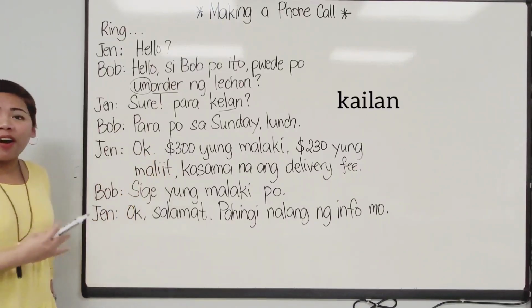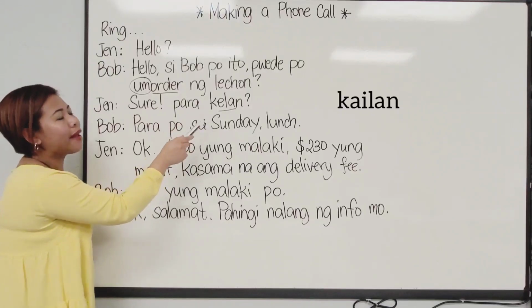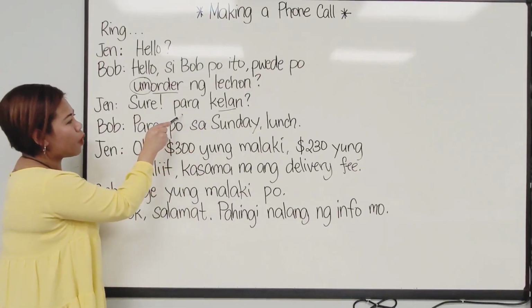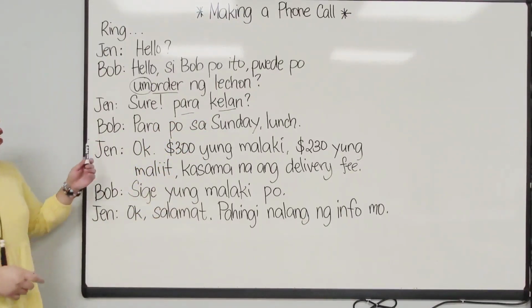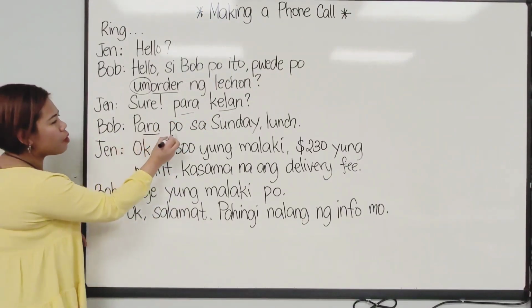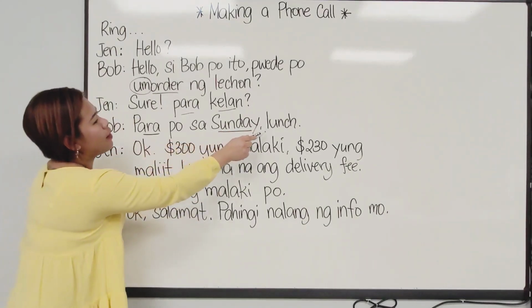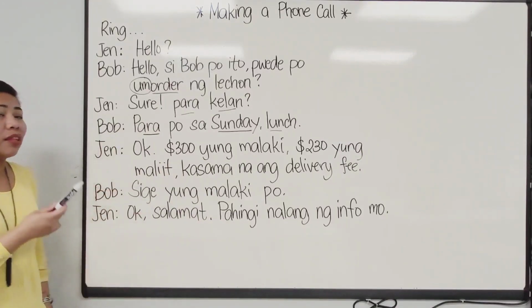But since this is conversational, we can also write it this way and we can pronounce it as kailan. Okay, para, for. For when? And then Bob said, para po, for Sunday. For Sunday, lunch. Para po sa Sunday, lunch or lunchtime.